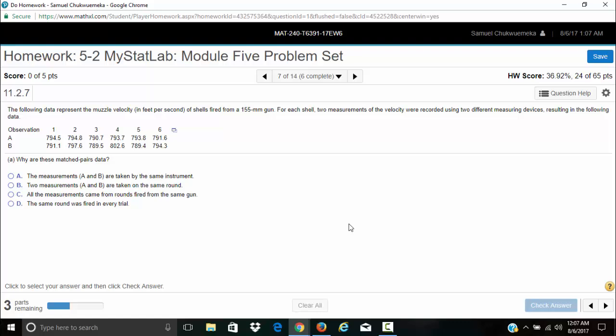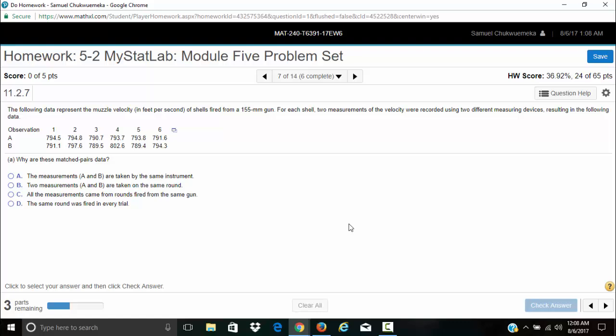Why are these matched pairs data? So this data first is muzzle velocity of shells fired from one gun. For each shell, they recorded 2 measurements of the velocity, even though they recorded it with 2 different measuring devices.